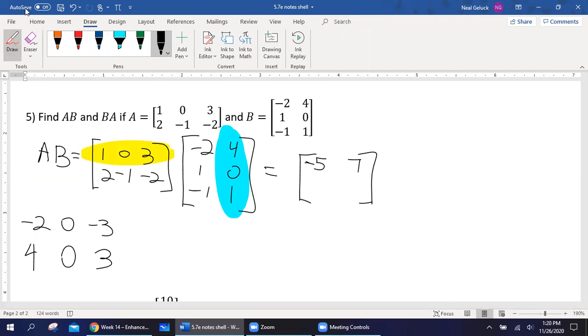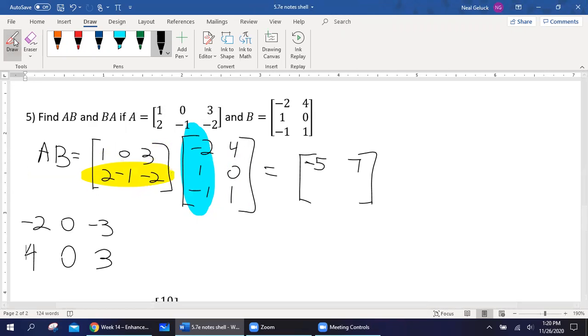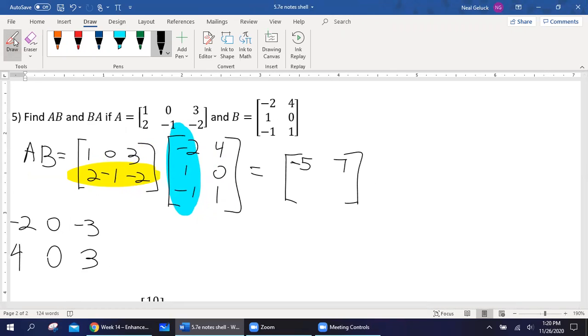I've exhausted all the columns, so now I reset the columns and jump down to the next row. Two times negative 2. Let's see, negative 1 times 1. Negative 2 times negative 1. Add those together.